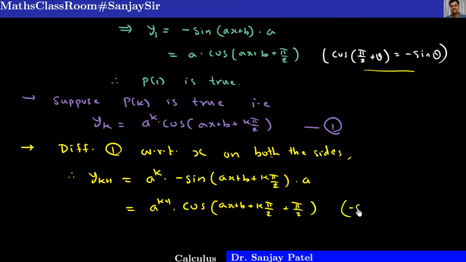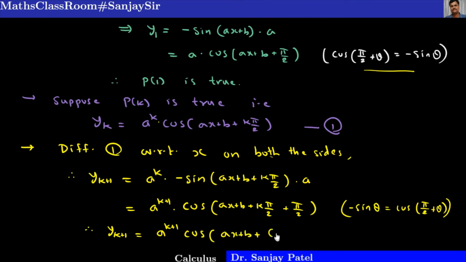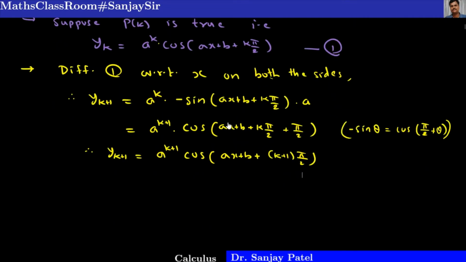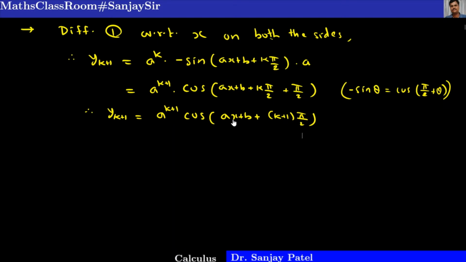So again I am using this fact, minus sine theta is same as cos of pi by 2 plus theta, or cos of theta plus pi by 2. So this gives us yk plus 1 is equal to a raised to k plus 1 into cos of ax plus b plus k plus 1 times pi by 2. And this says that P of k plus 1 is true. This was the required result.